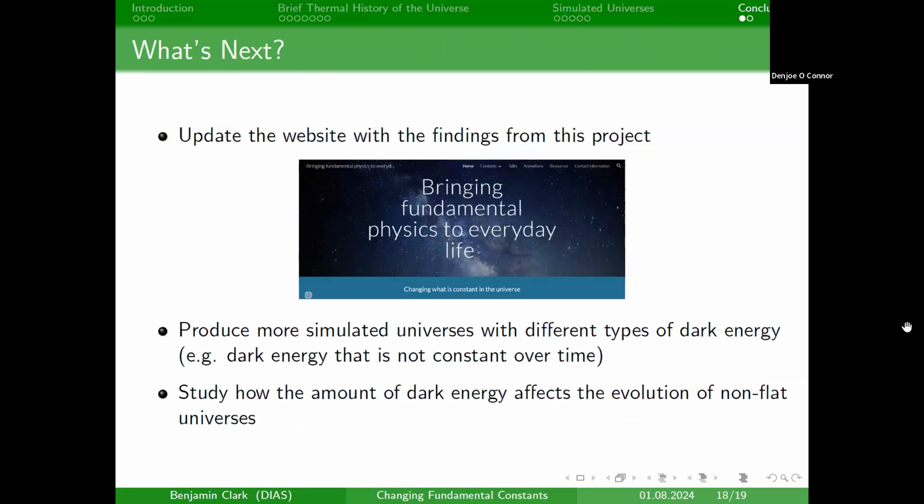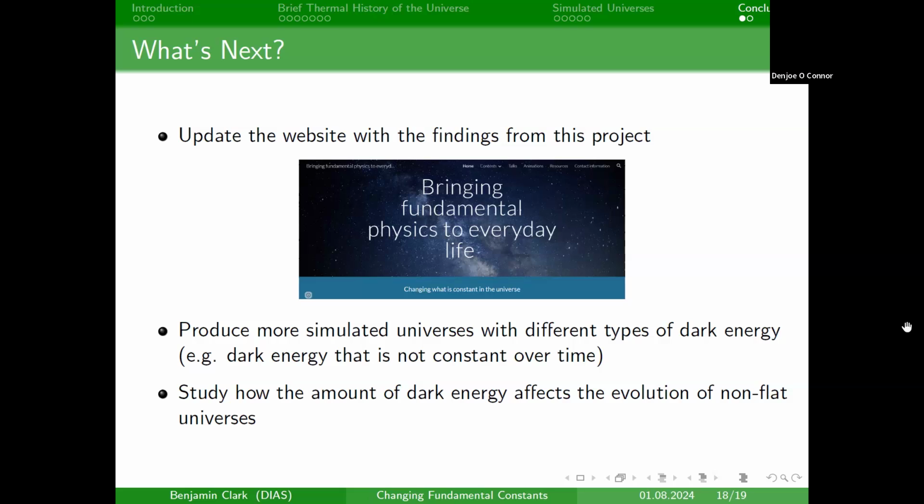So what's next? Venus has a website with all the past students. They've all contributed to their projects, and this is bringing together in one big project that we want to create a model of the universe where we can change various parameters as we want and see what the universe would look like then.